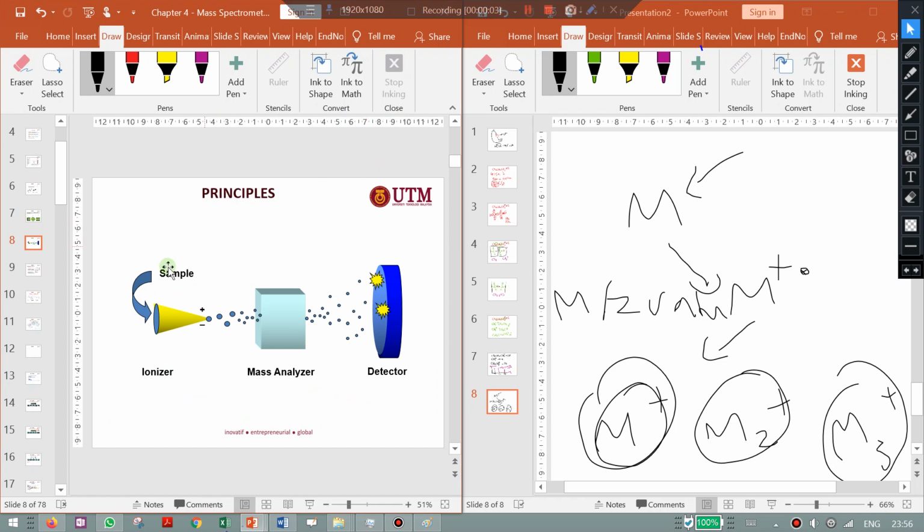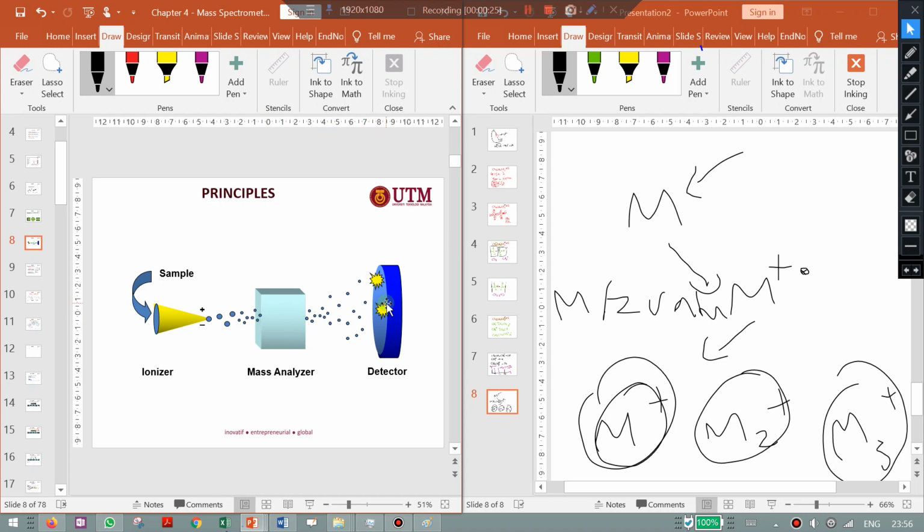Okay, here again your sample is ionized, in the mass analyzer it will spread, then which one reaches the detector first? It's not really about who comes first.